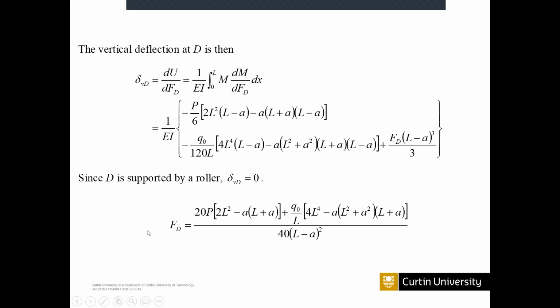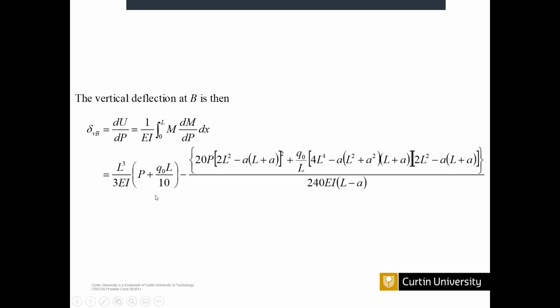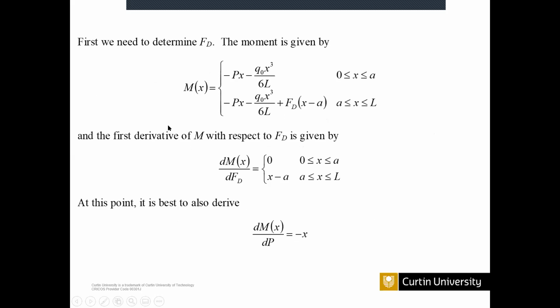So even though you can see these are large equations, those things are a value. So you will get one numerical value. Now you have the FD value. What you need to do is find out the vertical deflection at point B, dU by dP. Now you know the bending moment equation, so you introduce this equation.